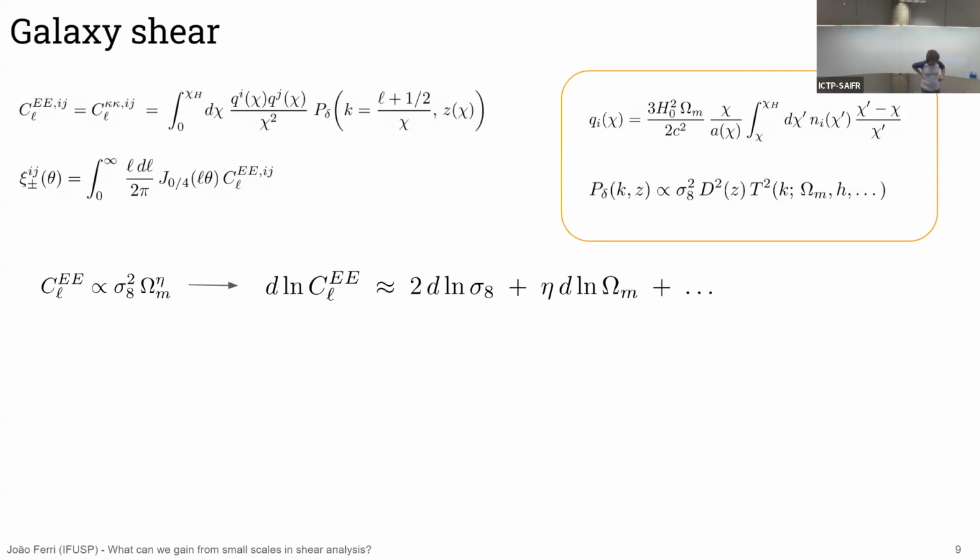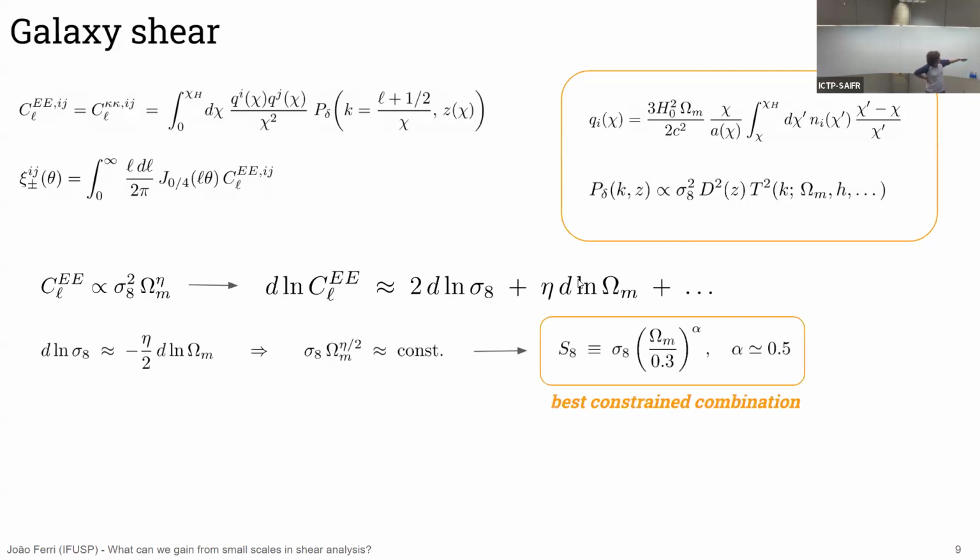So the response at first order to the variation of CL with respect to some parameters is given by this thing right here. If you say that this thing is constant, then you have a degeneracy relation between sigma 8 and omega matter that is given by this combination right here.